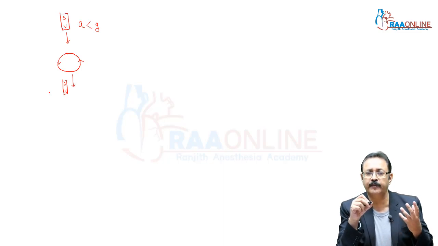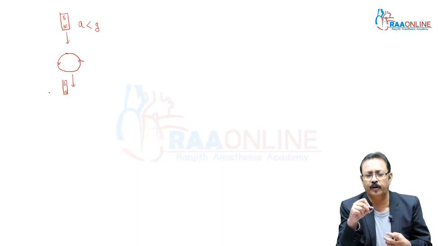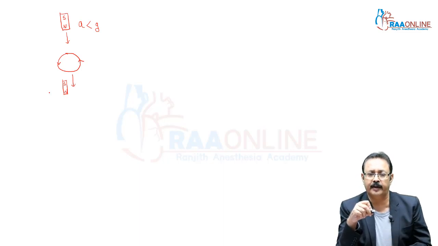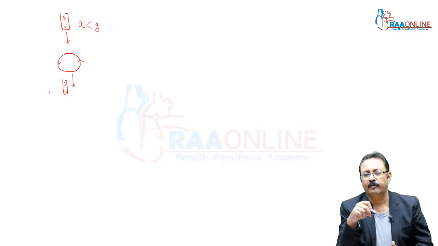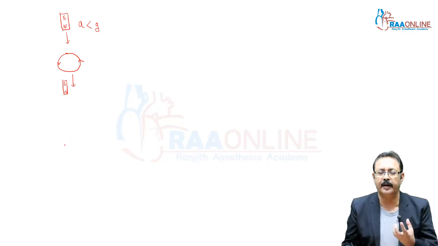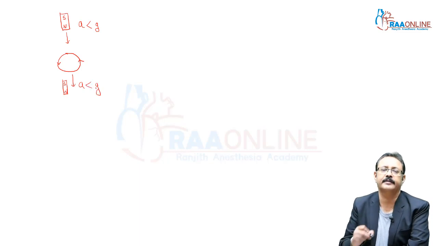Again there should be one induced current, induced EMF, which will oppose again the motion of magnet. Since south pole is moving away, to stop it, now downside of the ring will become north pole, so that it can attract the magnet, it can reduce the motion of magnet. So again it will fall with acceleration which should be less than g.